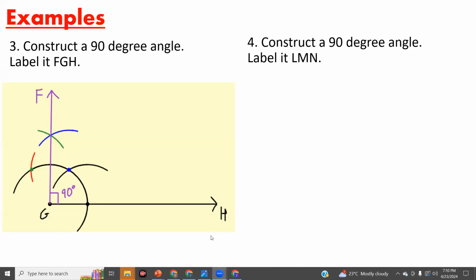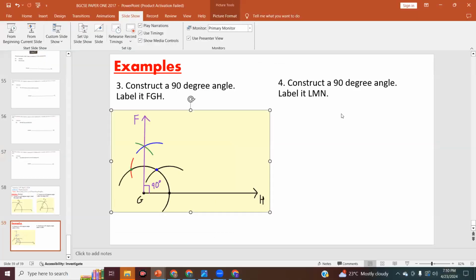And Jasmine Low, where's Jasmine Low? What number you want, Jasmine? Number 9, okay. Okay, so let's go ahead and do number 4.